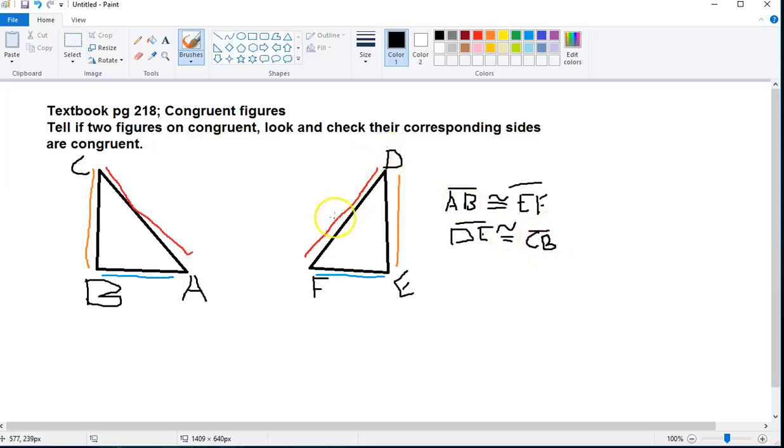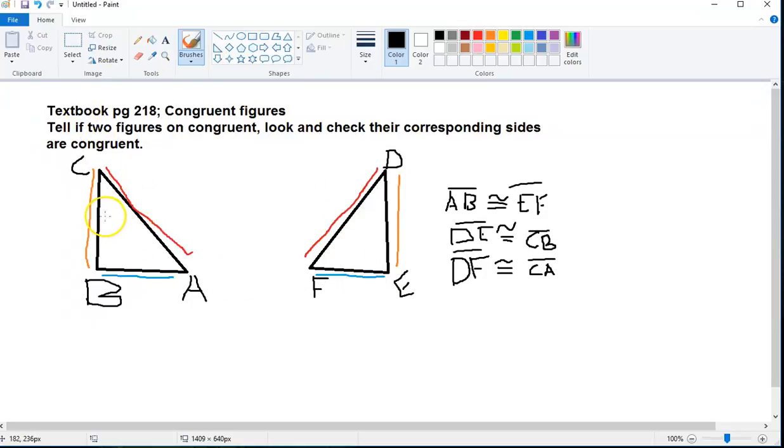And finally, DF and CA. Alright, so if these things are congruent, then they would be congruent.